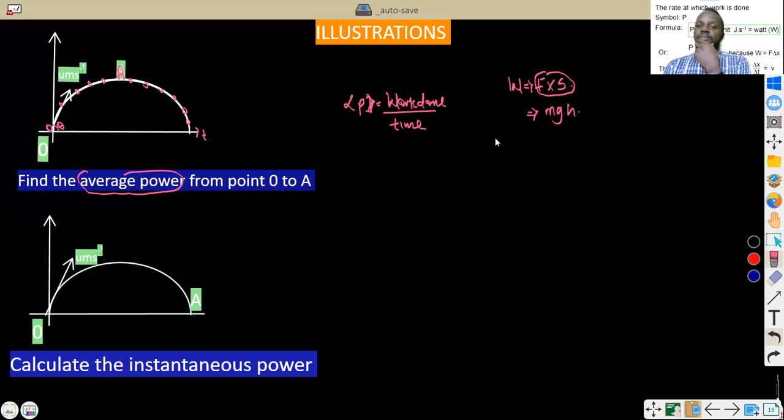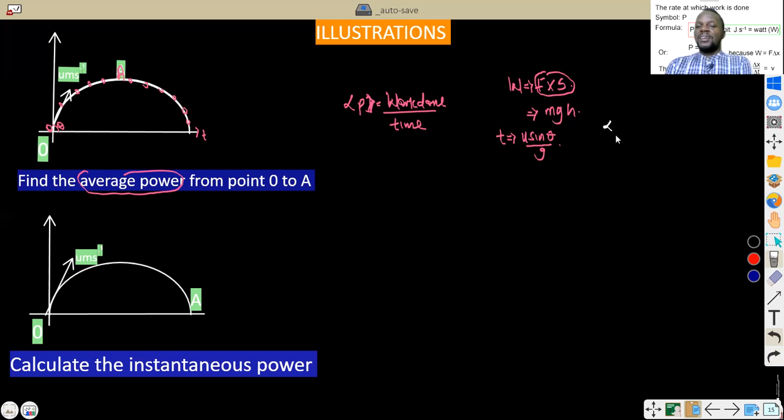Then the time for this body to move from here to the point A, if everybody understands projectile motion, the time taken is always u sine theta divided by g. So directly for this solution, I hope students are getting this, I said average power.